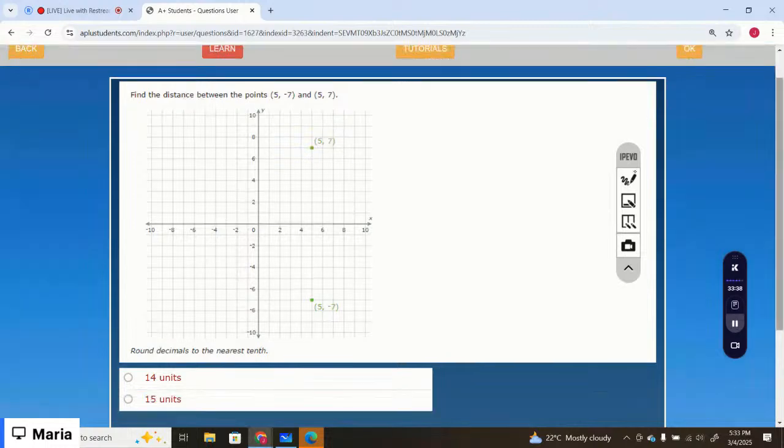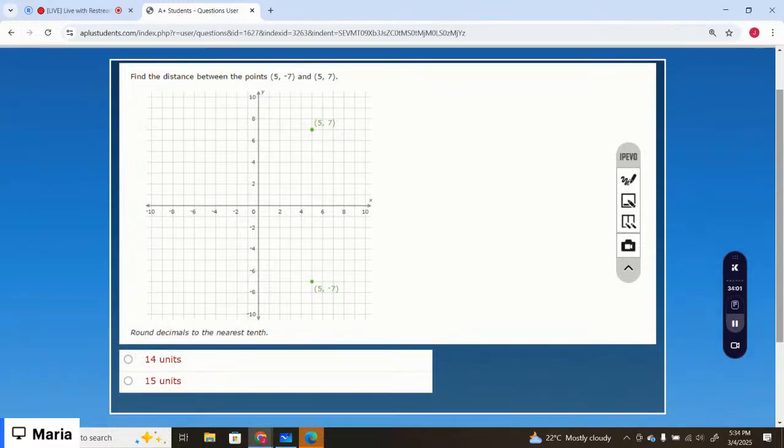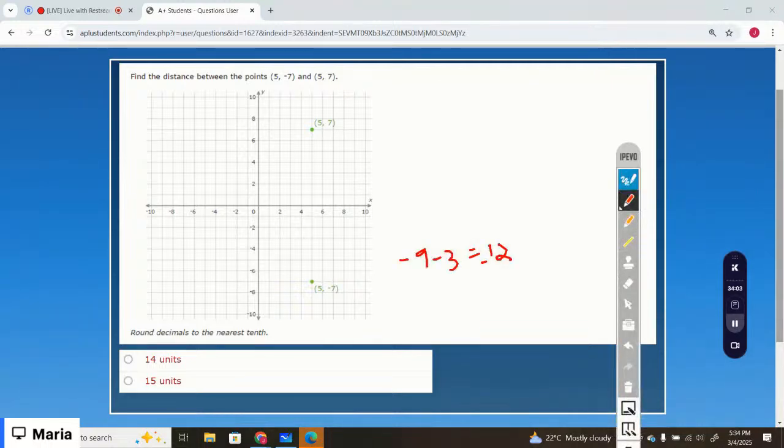Find the distance between the points 5, -7 and 5, 7. 7 minus negative 7 is 7 plus 7, which equals 14.